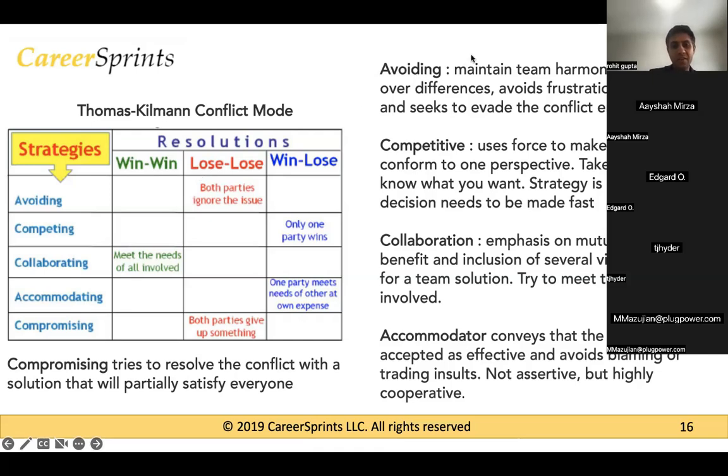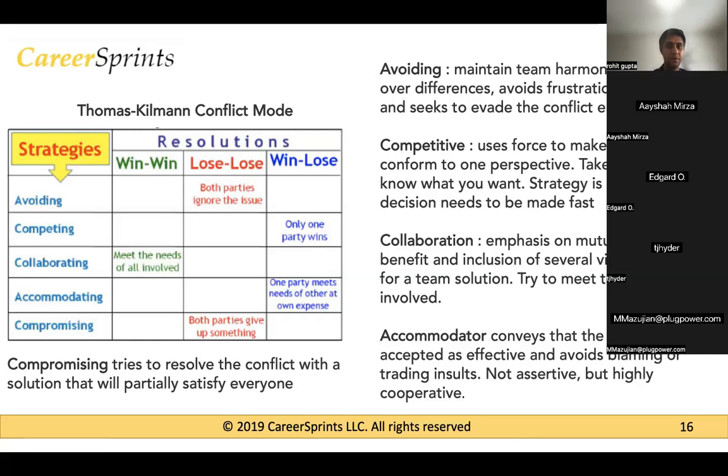So Barbara, the reason why they've shown here compromising as lose-lose, you can also put it in win-win. It depends to the extent of compromise, but there is definitely something that you're losing. It's not a 100% win-win situation. It is a mix of win-win and lose-lose.